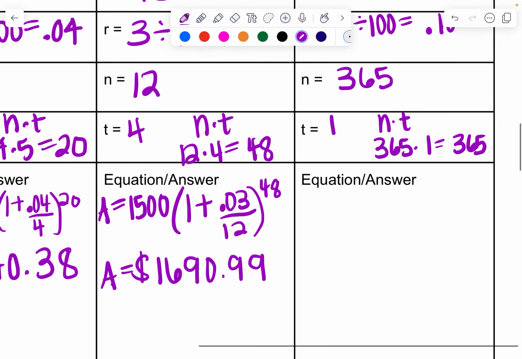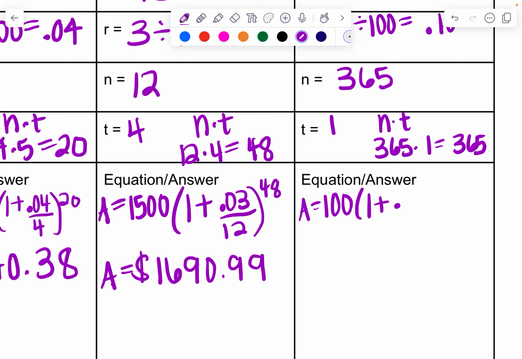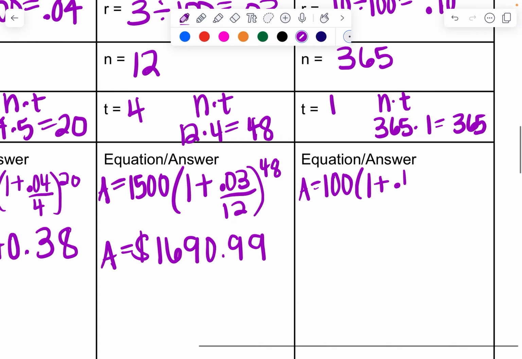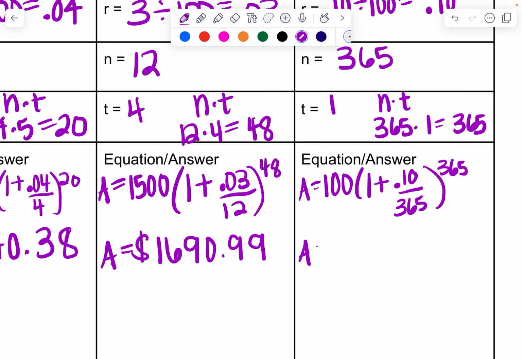So writing our equation, our final value, our starting value is 100 times 1 plus 0.10 divided by 365 to the power of 365. And if you put all of that in your calculator, you would know that after 1 year, you would have $110.52.